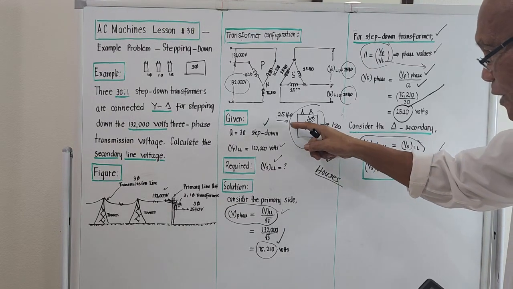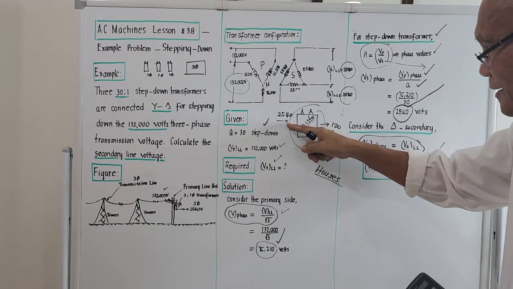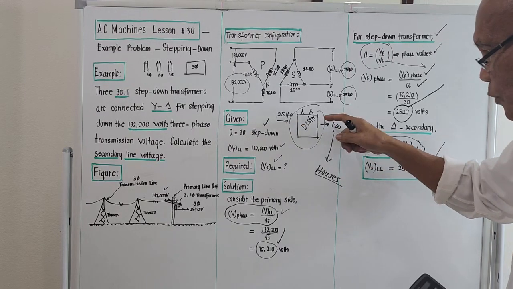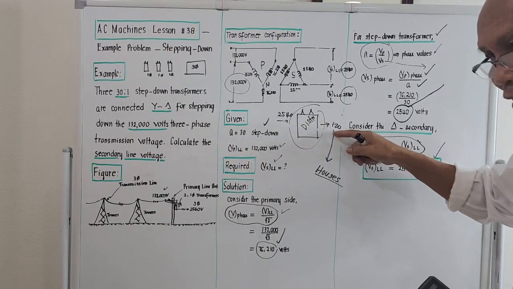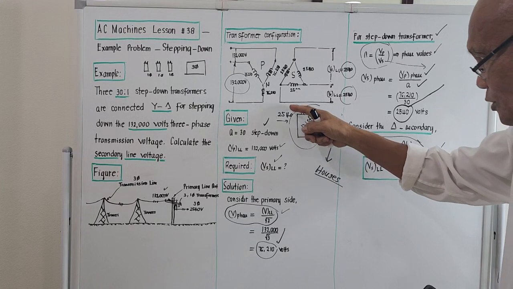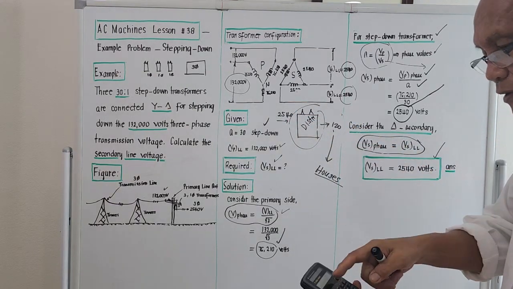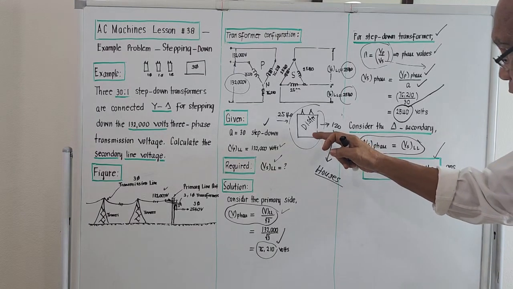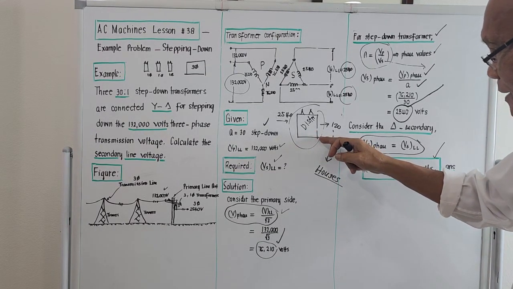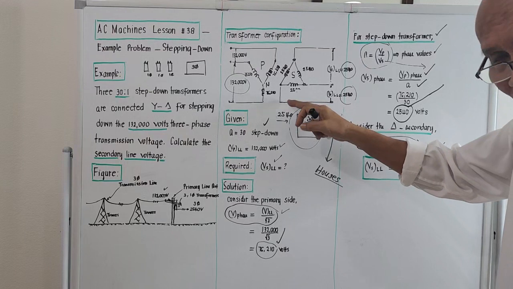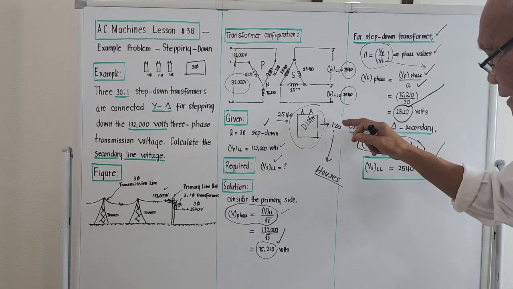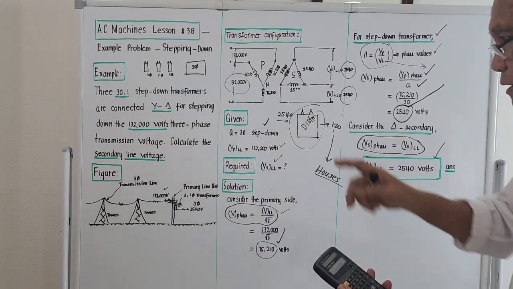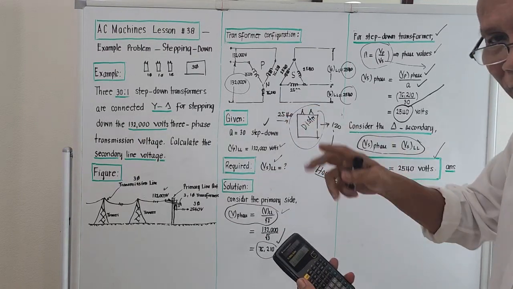So if there is 220 here, there will be 10 here for it to become 120. So the ratio of this one here will be almost 21. So actually, you could design a distribution transformer: if the given input is 2540, and for it to be 120 on the secondary, the ratio of transformation will be 21.